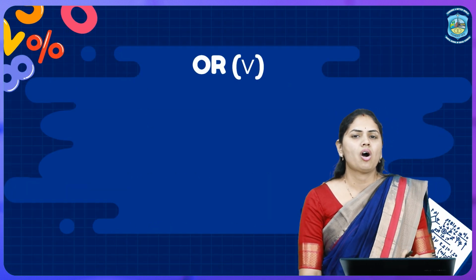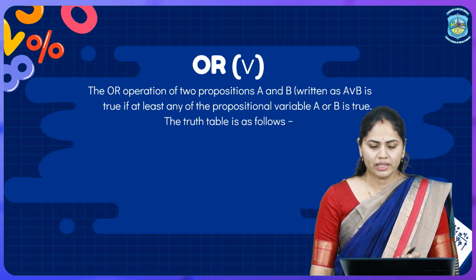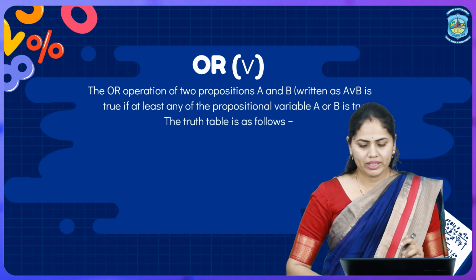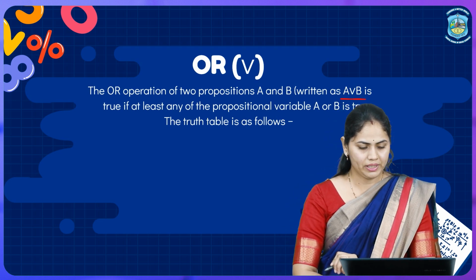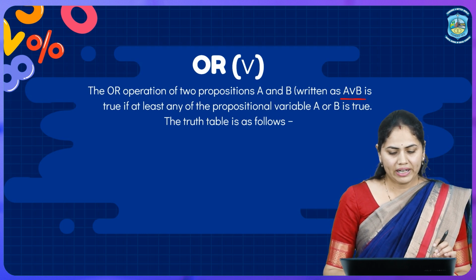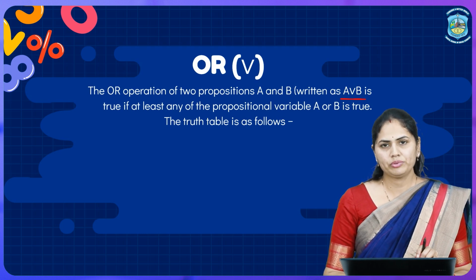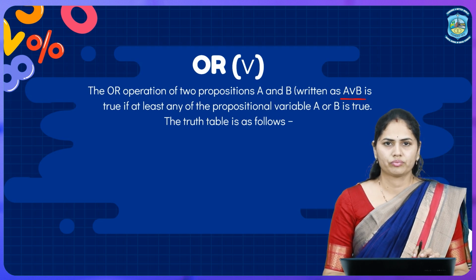First one is the OR operation of 2 propositions A and B. We can also write it as this symbol, A or B. This is true only if at least one of the propositional variables A or B is true.